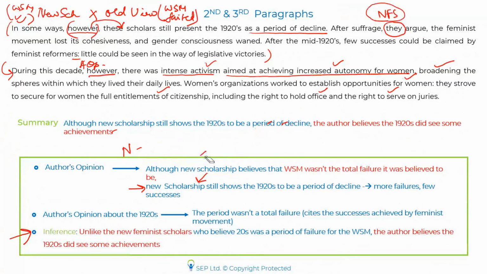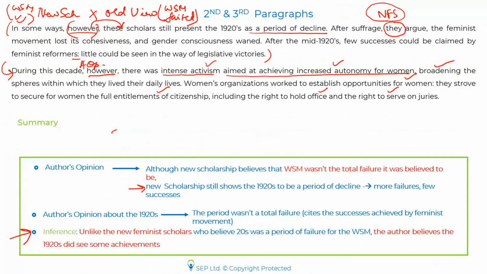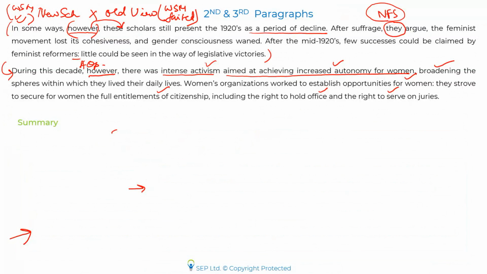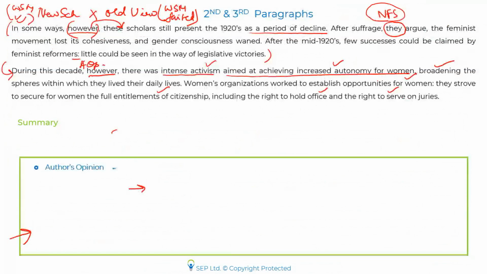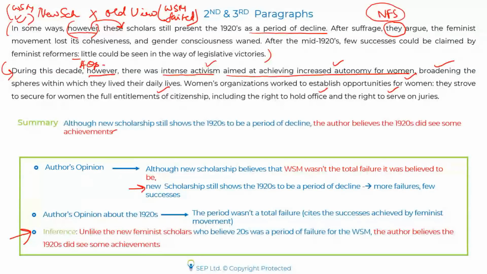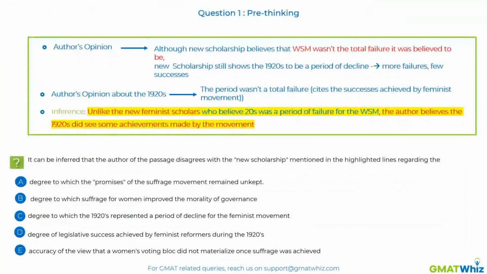The first paragraph summary: the author talks about various aspects of the old view that were challenged by the new feminist scholarship. And in the second paragraph, the author is saying, although new scholarship still shows the 1920s to be a period of decline, the author believes that the 1920s did see some achievement. With that, let's go to the question.